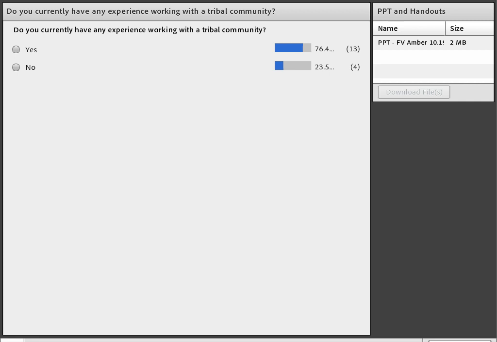If you see the poll, about three quarters of the participants so far have worked in Indian country before, and that's important because the idea of entering into something as significant to the community as an MDT is quite important, and the experience that your team brings to the table and the abilities that you have to integrate your program into that tribal community can be what makes or breaks your efforts.